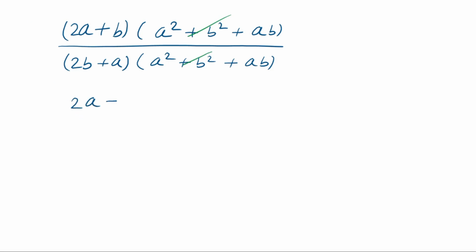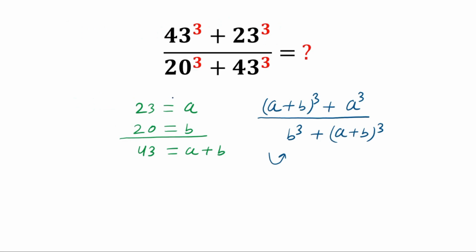Here we have (2a + b) divided by (2b + a). The value of a is 23 and the value of b is 20.